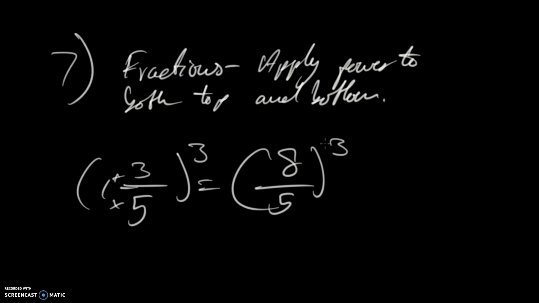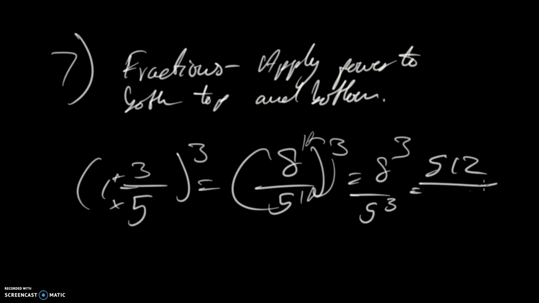Because every number has a power of 1, remembering rule number 3, we just multiply the powers to get 8 to the power of 3 over 5 to the power of 3, which would give us 512 over 125. That's it. So you apply the power to both the top, the numerator, and the bottom, the denominator. Simple.